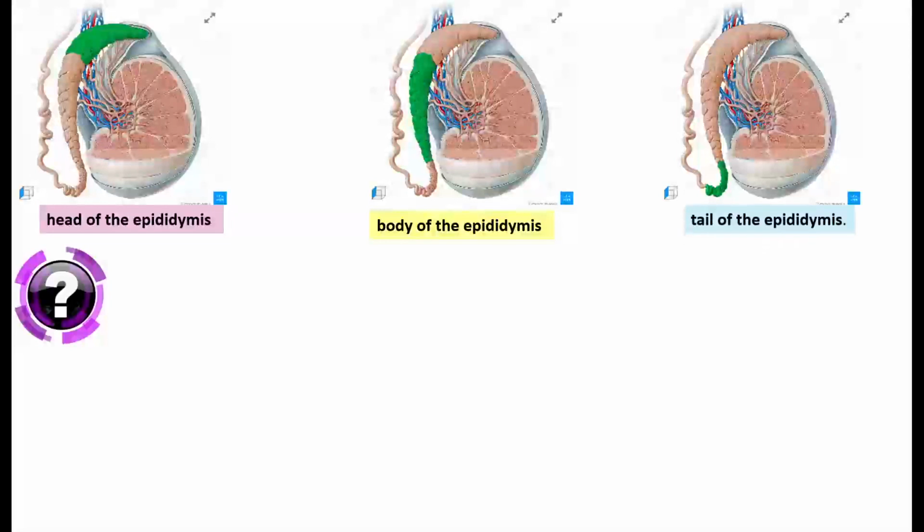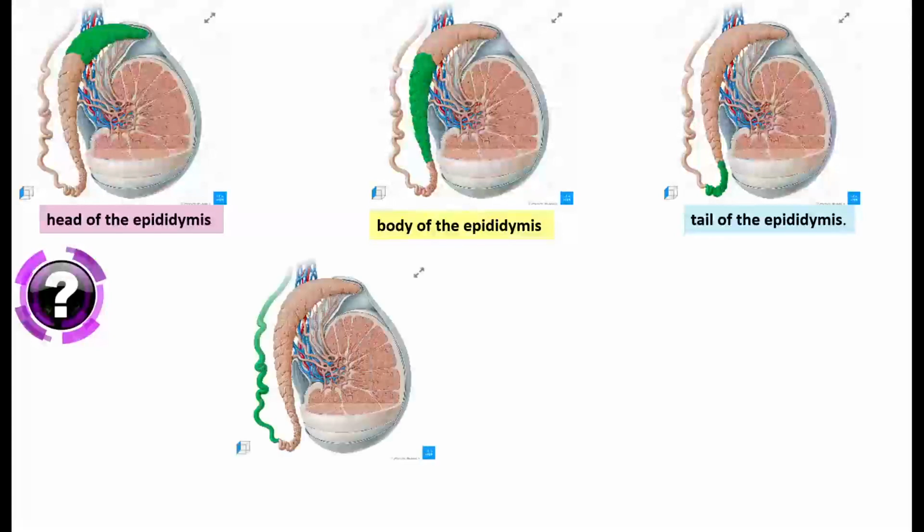Where is the tail of the epididymis going to lead us? It is going to lead us to a single tube, which is called the vas deferens or ductus deferens, and it is going to take the sperms away from all these structures, and it's going to join the spermatic cord we have just mentioned.